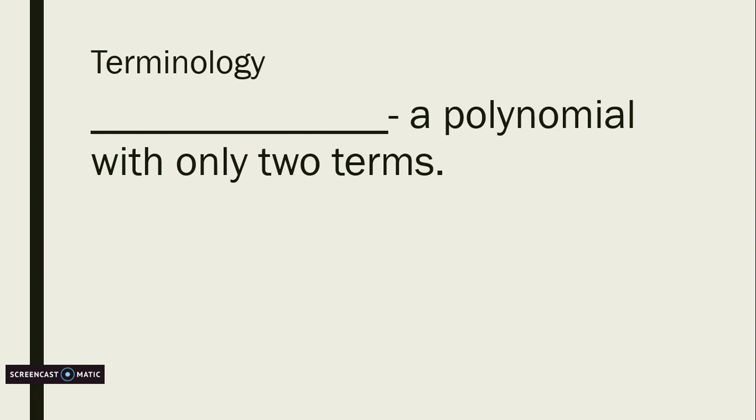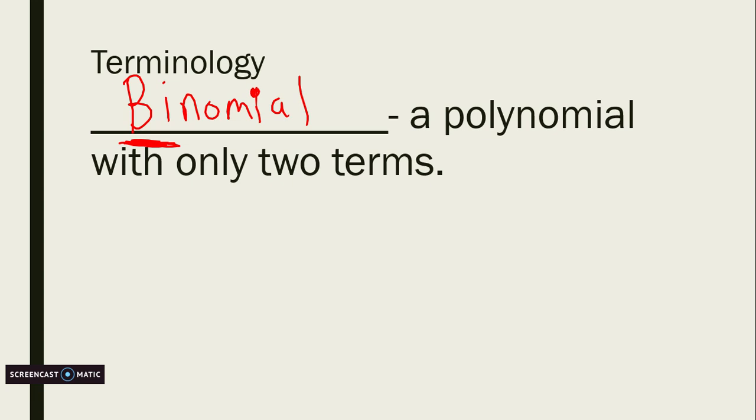And then we have some special kinds of polynomials. A binomial. This means two, and so a binomial means two terms.